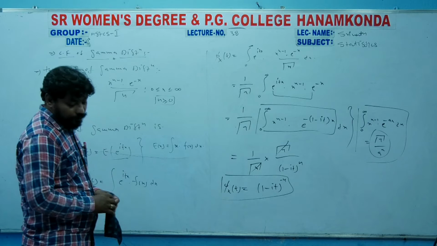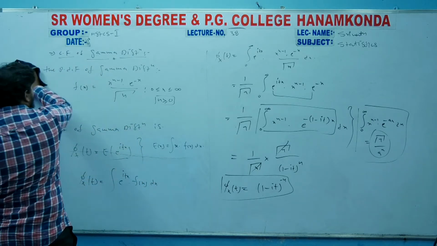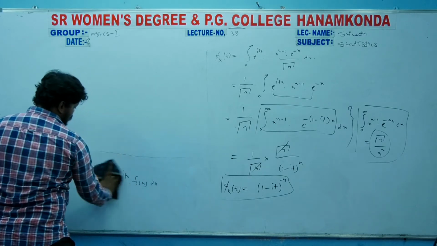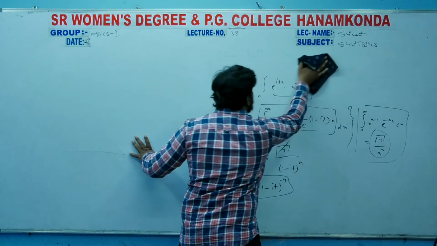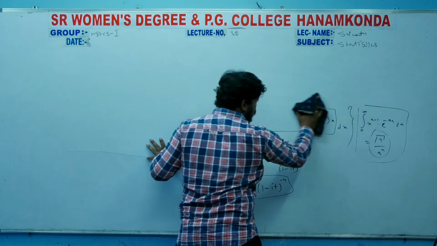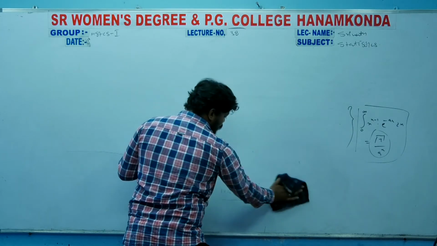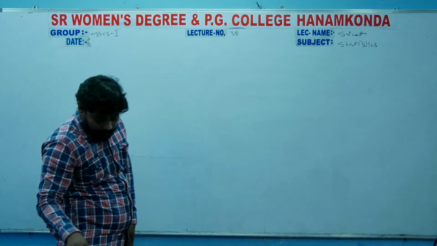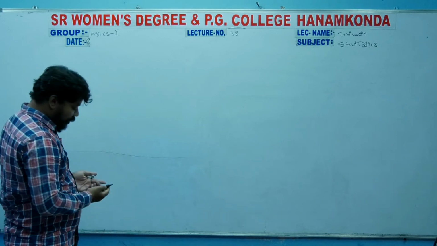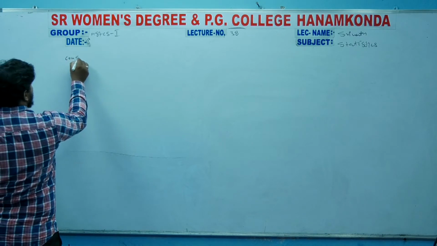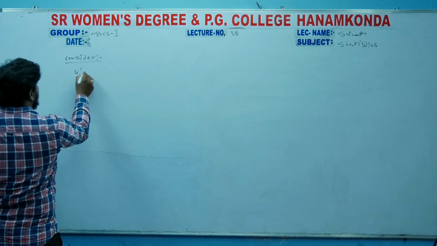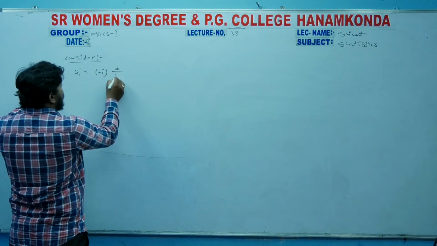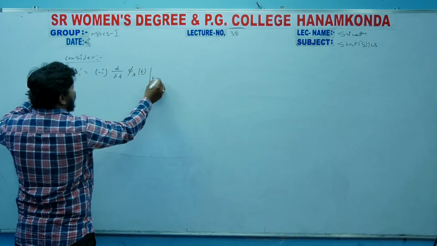Then we want to find out the moments. Consider mu1 dash is equal to minus i d by dt of phi x of t at t equal to 0.